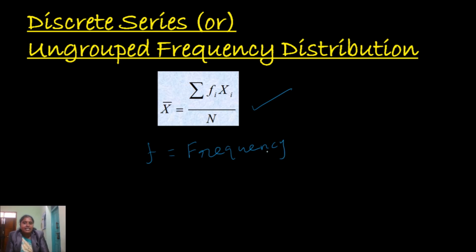Frequency is the number of times a value is observed. Also x represents the variable given in our question, and capital N represents the total number of observations, that is sigma f, the sum of the frequencies.